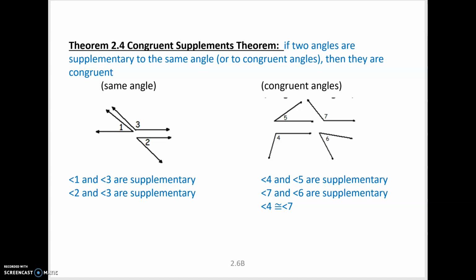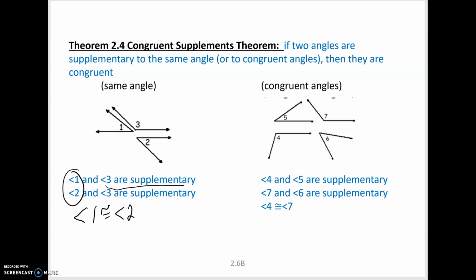Okay, my second slide gives me a couple more things or ideas to work with. So this is the congruent supplements theorem that says if two angles are supplementary to the same angle or two congruent angles, then they are congruent. So if I look, I know that 1 and 3 are supplementary, 2 and 3 are supplementary, so therefore angle 1 is congruent to angle 2.